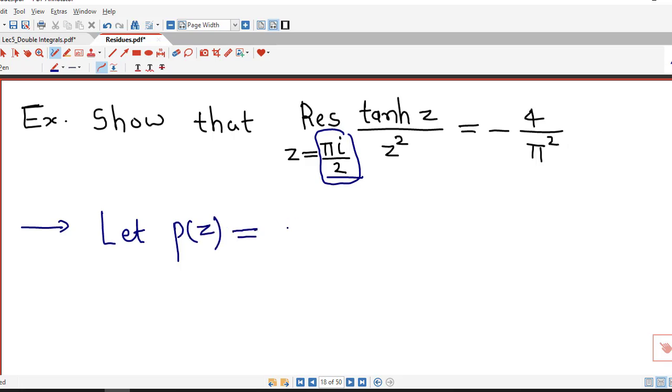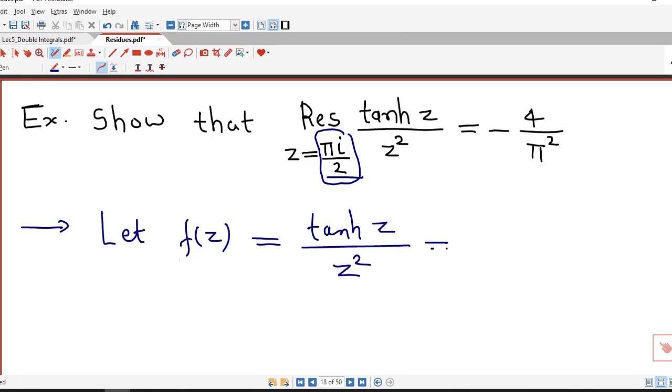So we first consider f of z equal to the given function tan hyperbolic z over z square, and as we know tan hyperbolic z is nothing but sin hyperbolic z divided by cos hyperbolic z.